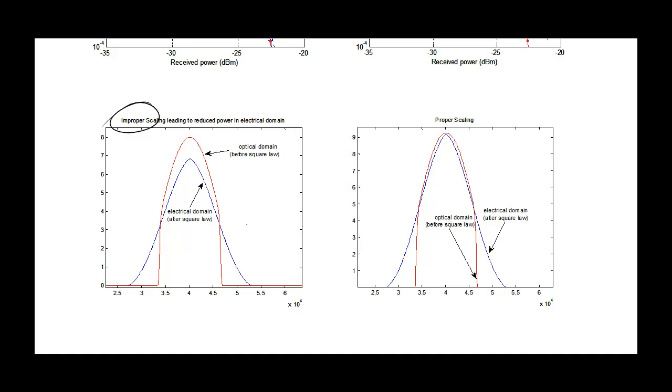And you can see that it's sort of been dissipated by being squared, and this is the reason for the discrepancy. When we do proper scaling, the pulse shape has been adjusted so that in the electrical domain we see the blue shape, in the optical domain we have the red shape, and their powers are the same in the two cases.